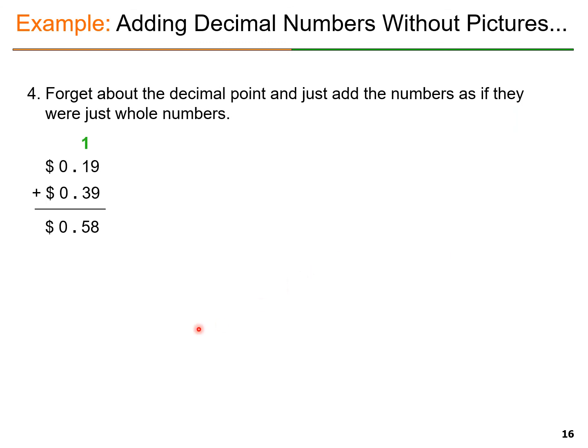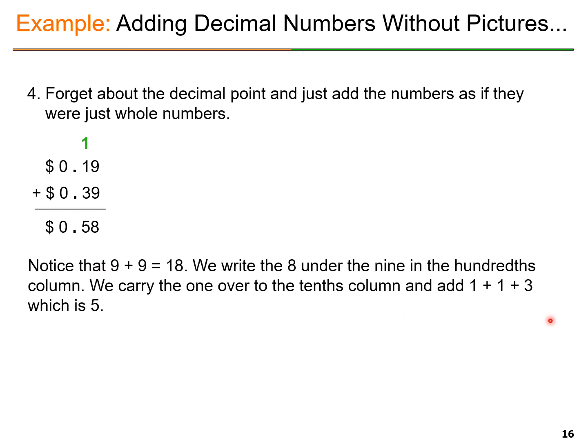Step 4, forget about the decimal point, forget about the $ symbol, and add the numbers as if they were just whole numbers. Notice that 9 plus 9 in this column is 18. We write the 8 under the 9 in the hundredths column. We carry the 1 over to the tenths column and add 1 plus 1 plus 3, and we get 5.